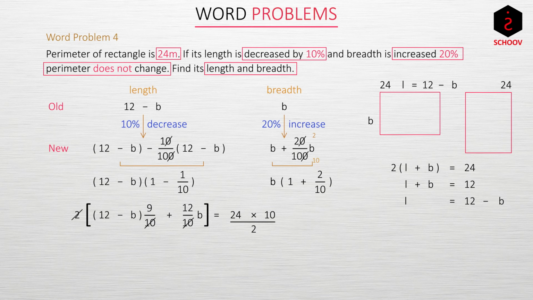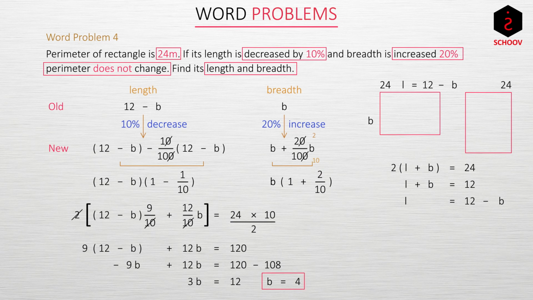So we get 9 into 12 minus B plus 12B on LHS, and RHS is 120. Simplify further. Now move the number to RHS, so 3B is equal to 12, or B is equal to 4.